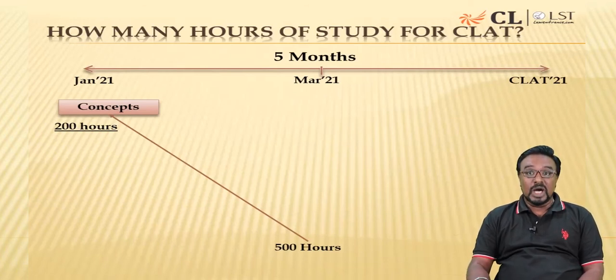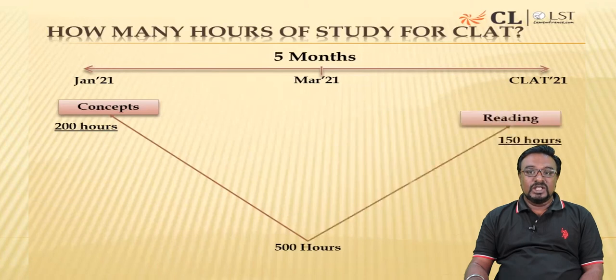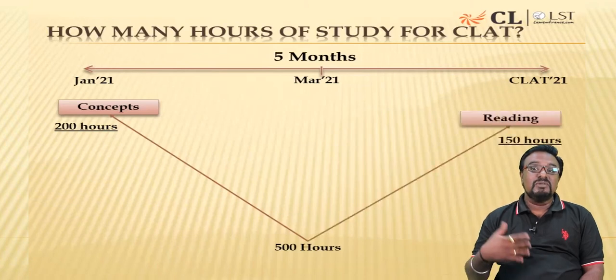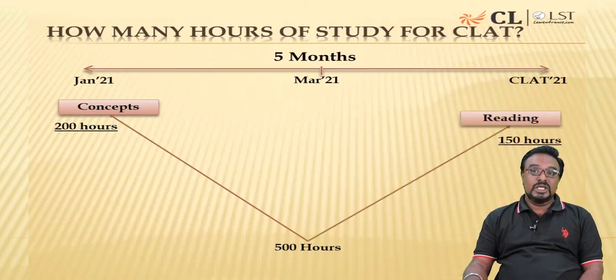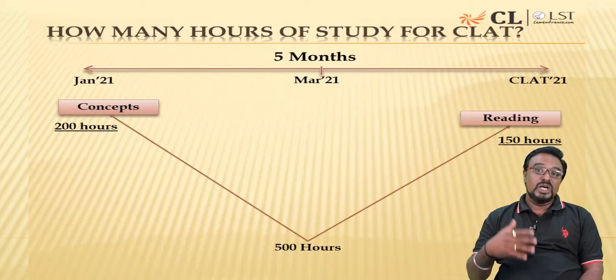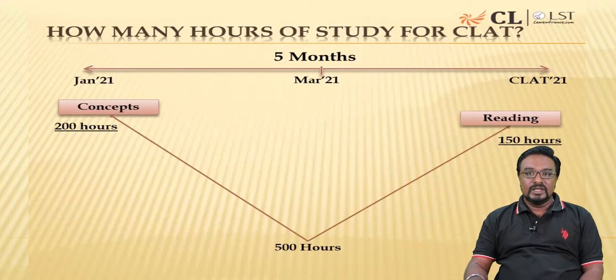In a span of 2 hours, if you have to sit and read almost 15,000, 16,000 words, then one, you need speed. Second, you need consistency. And that is something which is going to come only by reading. So you need to dedicate near about another 150 hours from this 500 hours for reading.